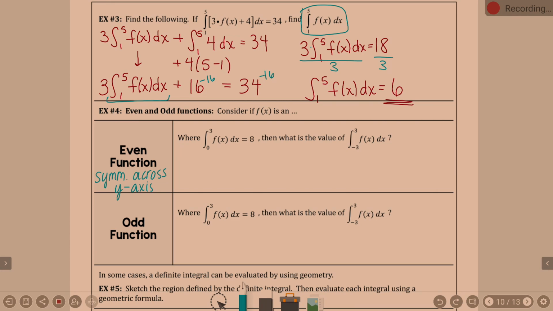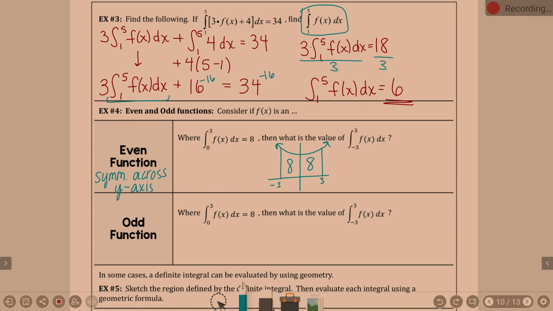I just have a random picture here. Do I know what this graph looks like? No. But the idea is, if here's negative 3 and here's 3, if 0 to 3 is 8, what's this have to be? 8, because this graph is symmetric across the y-axis. I'm not saying I knew this is a parabola. I just know parabolas can be symmetric across the y-axis if positioned properly. So the integral from 0 to 3 is 8.